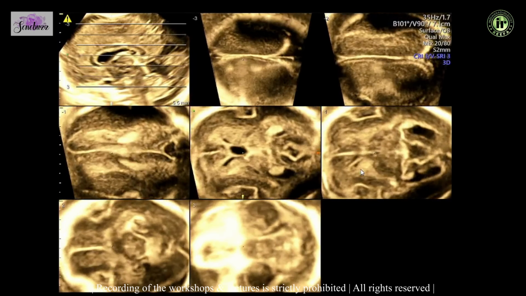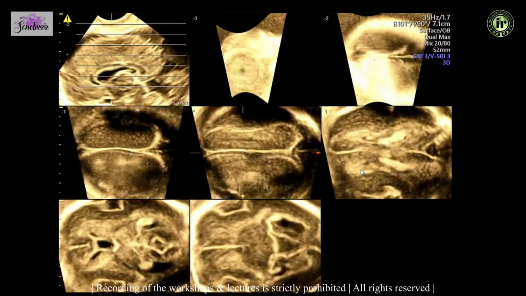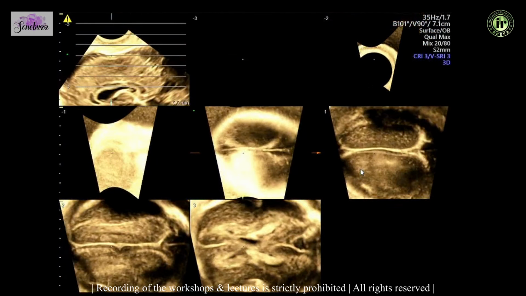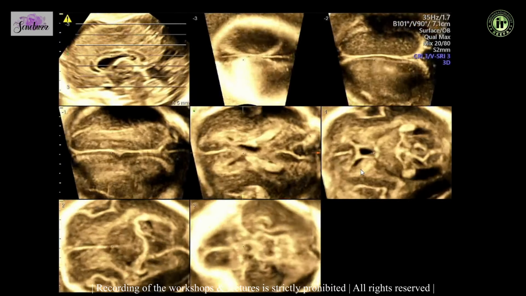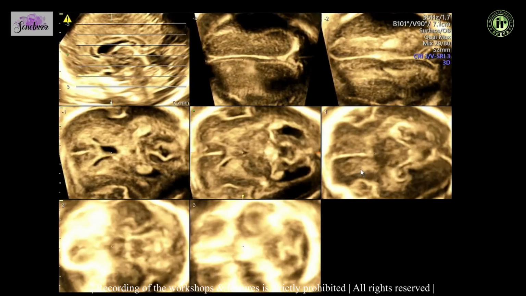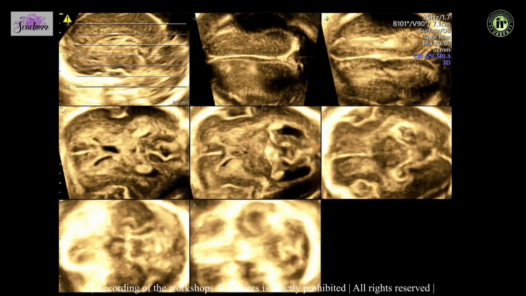This is particularly useful when you have a good volume to scroll through the entire volume. You can do repeat studies, you can transmit the images, take a second opinion, and if you have missed out anything, you can do it again. And you can take measurements also.